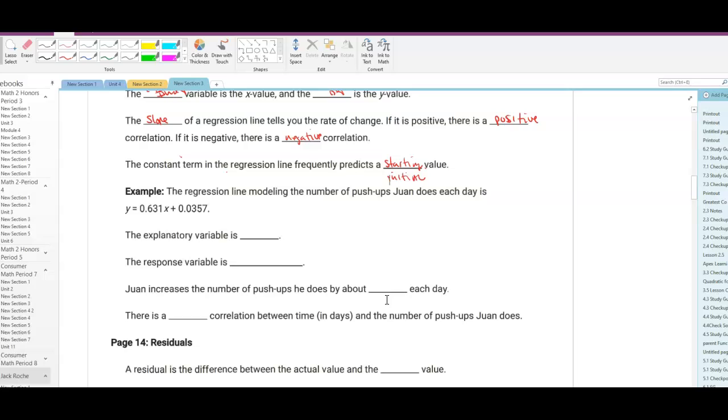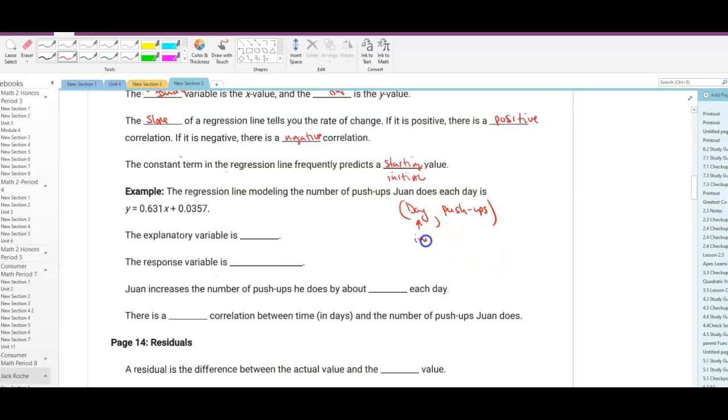So in this example, the regression line modeling the number of push-ups Juan does each day is y equals 0.631x plus 0.0357. Now, remember, the number of days is your independent variable, and the number of push-ups is your dependent variable.